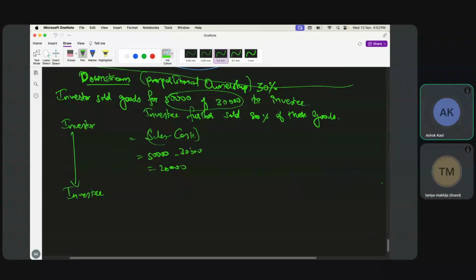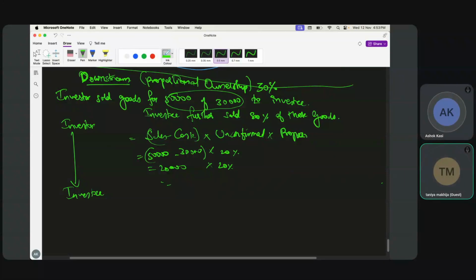Unconfirmed is 20%. Out of that, our share is 30%. So now the investor has to reverse. The one who is selling has to reverse because he is going to show more profits. Reversal profit is 1,200.